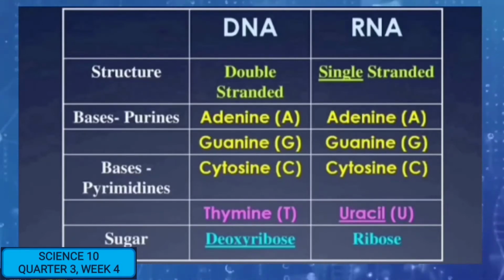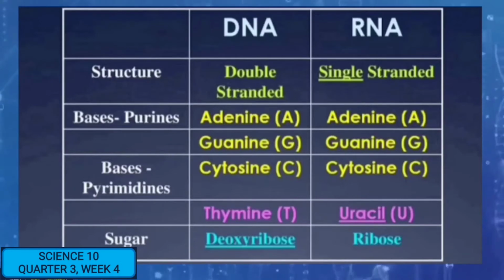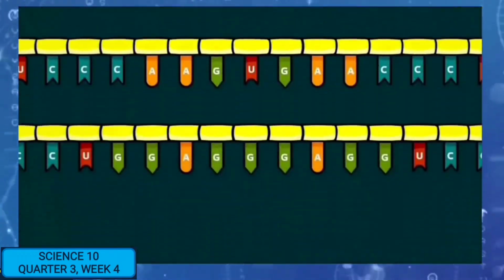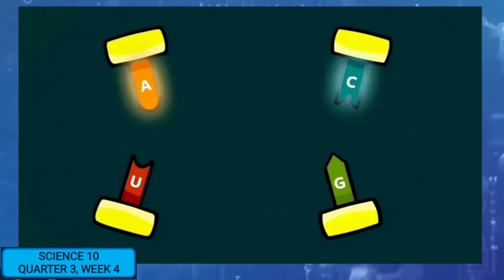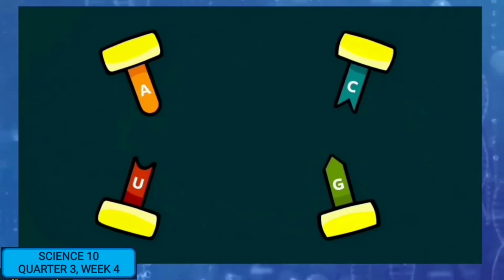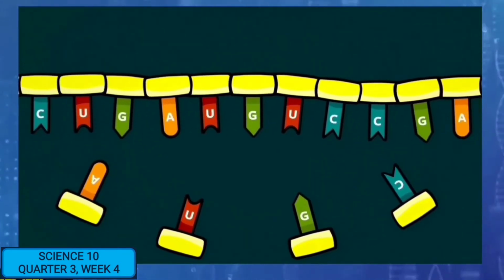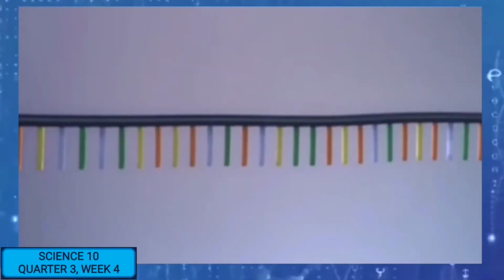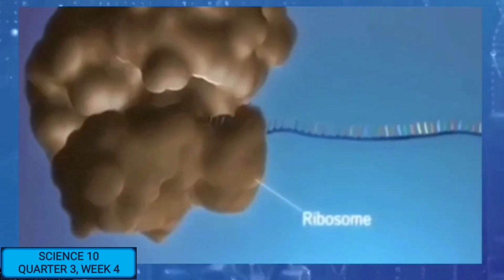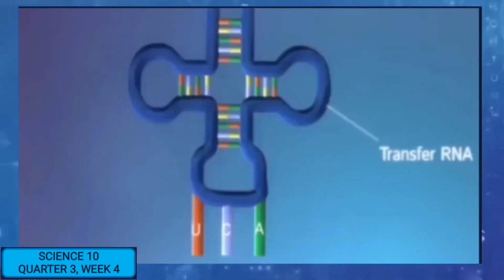Third, both DNA and RNA contain 4 nitrogenous bases, but instead of thymine, RNA contains a similar base called uracil. The uracil pairs with adenine. The major types of RNA include messenger RNA, ribosomal RNA, and the transfer RNA.